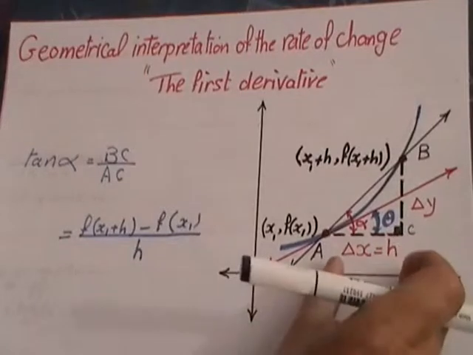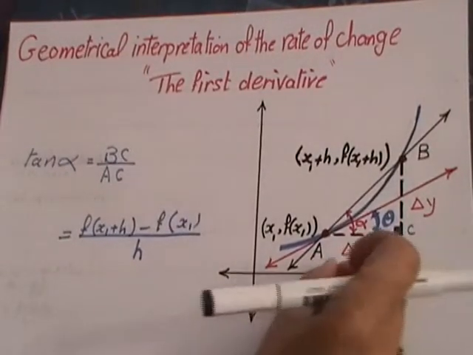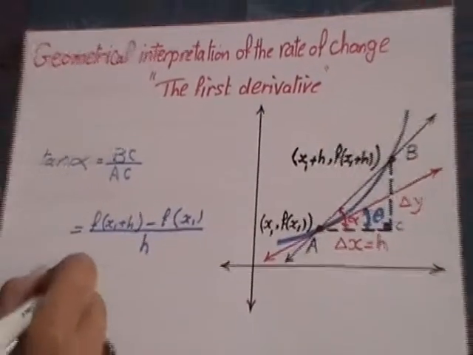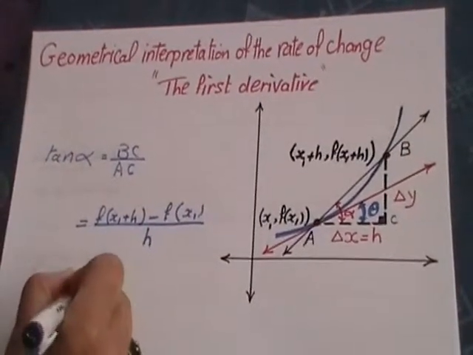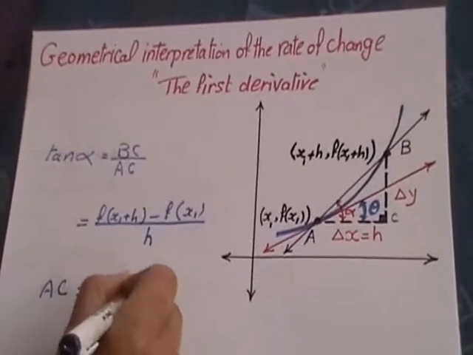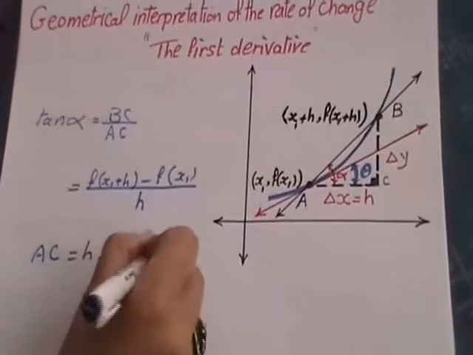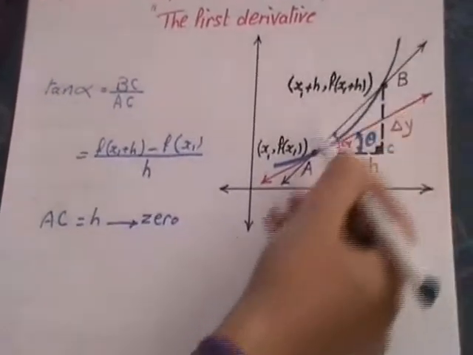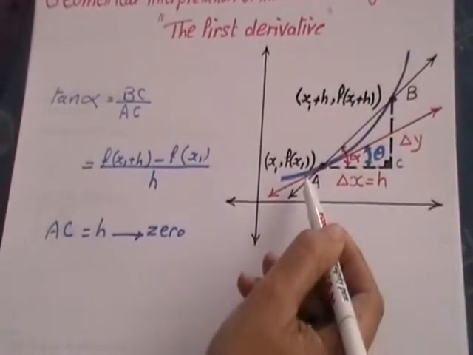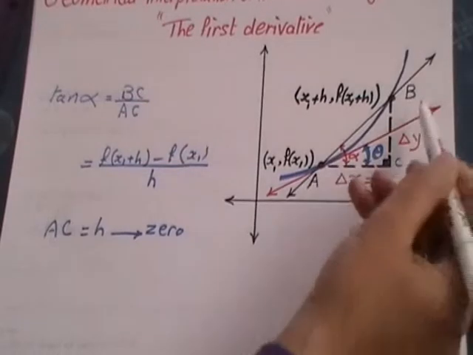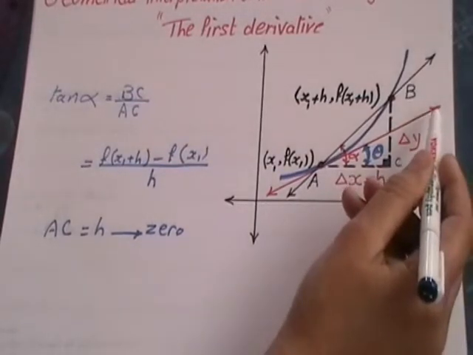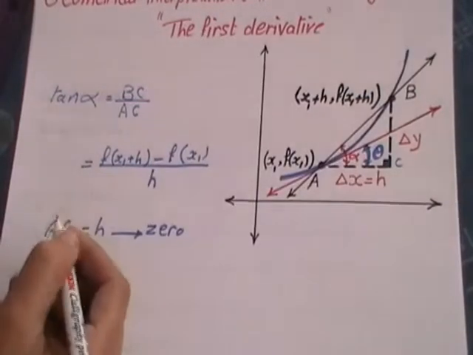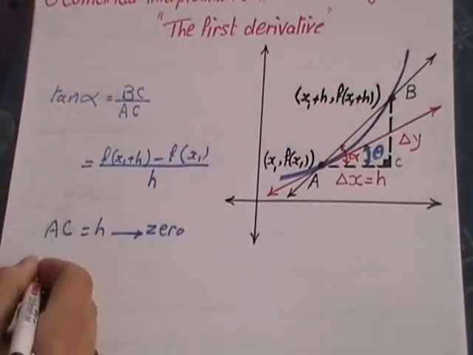The horizontal distance between A and C tends to 0, so AC equals h tends to 0. So the straight line AB, which is a secant, tends to become the tangent to the curve y equals f of x.